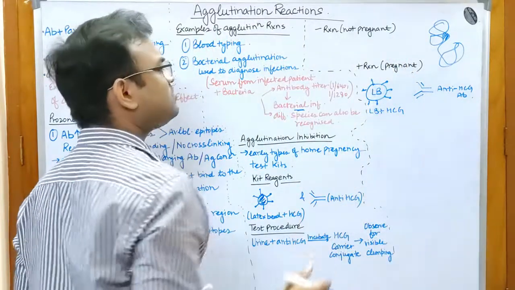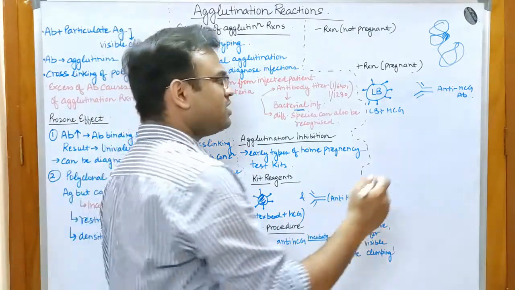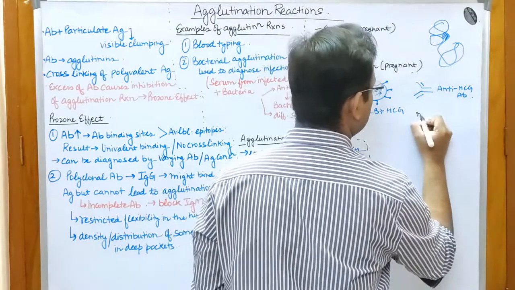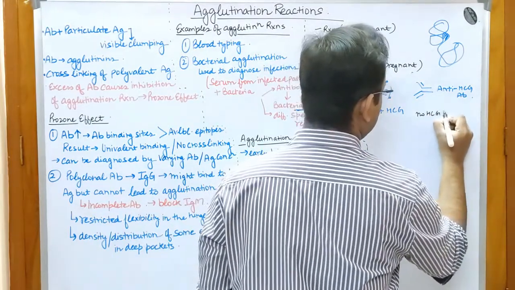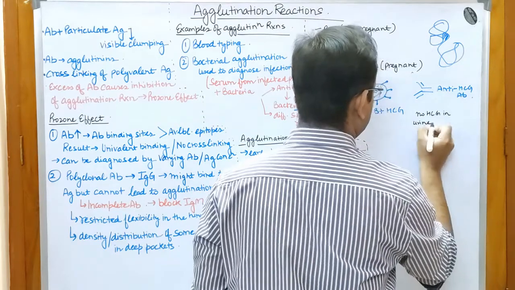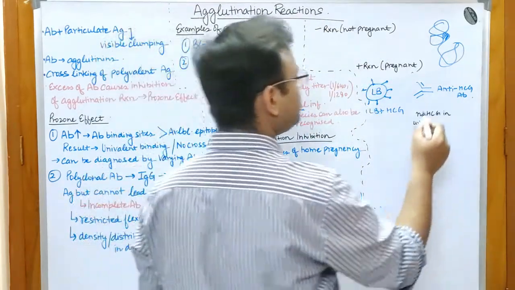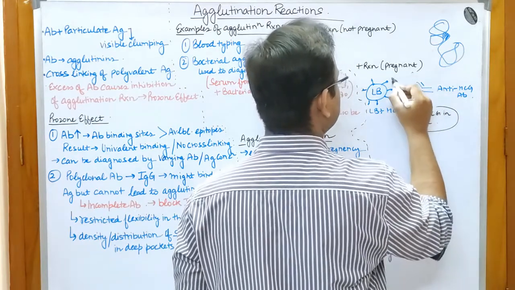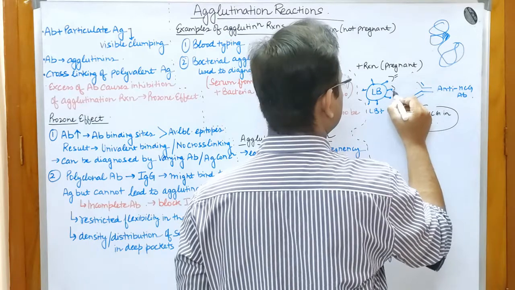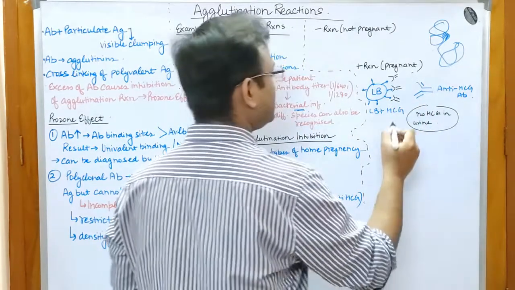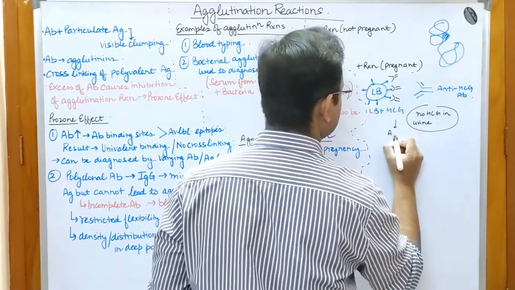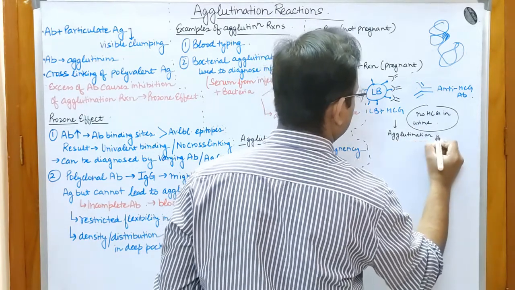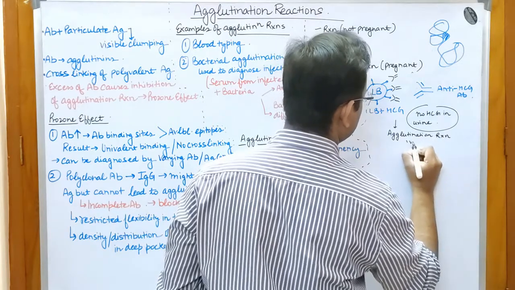Now if the female is not pregnant, there would be no HCG in the urine. If there is no HCG in the female's urine, what will happen? This latex bead with HCG and the anti-HCG antibody will combine and form an agglutination reaction, or you can say visible clumping.